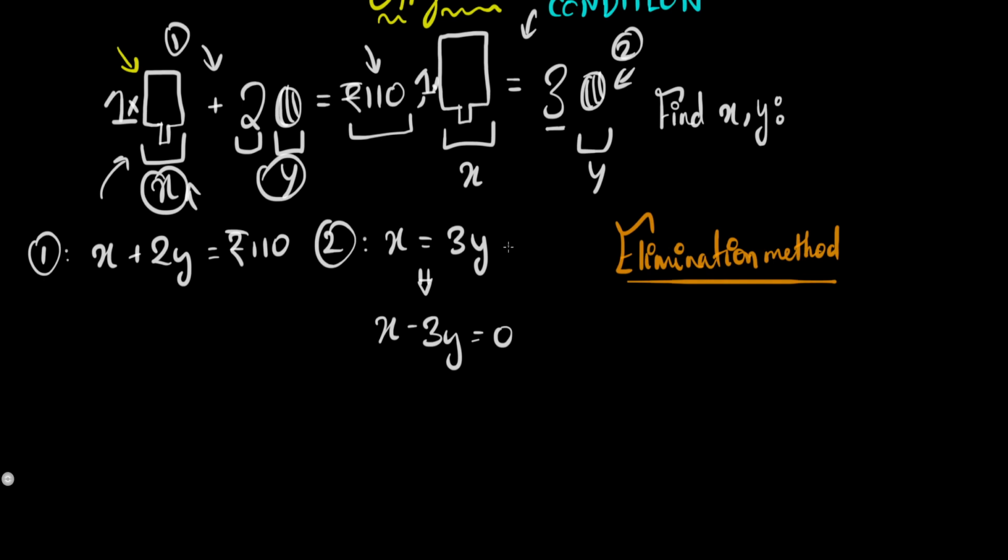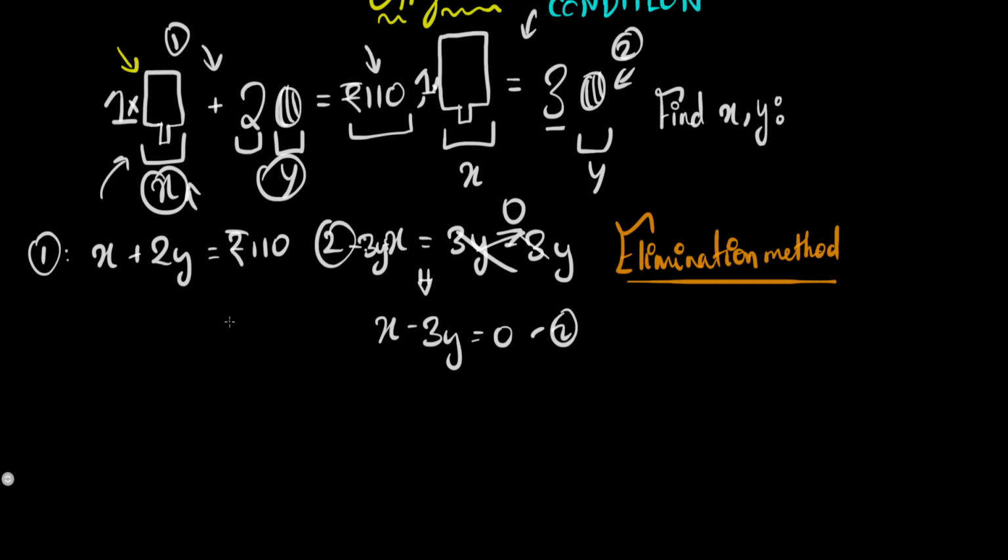What I did is the transpose method: add minus 3y, and plus 3y minus 3y makes it 0, and x minus 3y is equal to 0. That's my new equation 2. I'm just gonna name it under equation 2. Okay, equation 1 and equation 2.